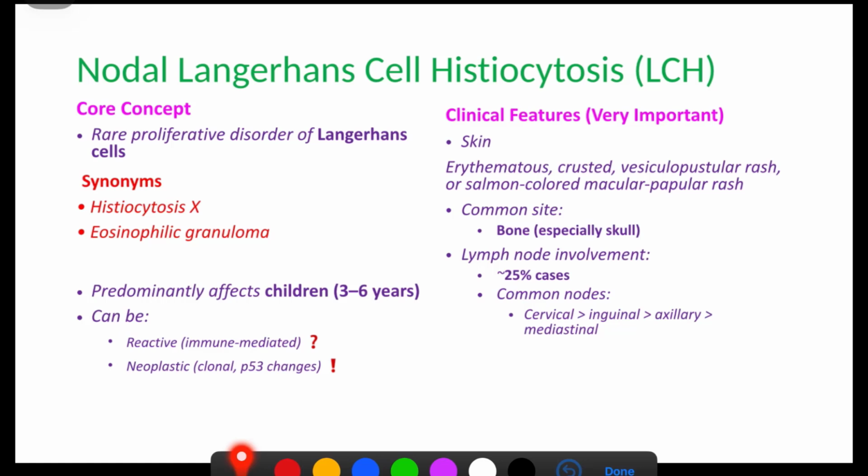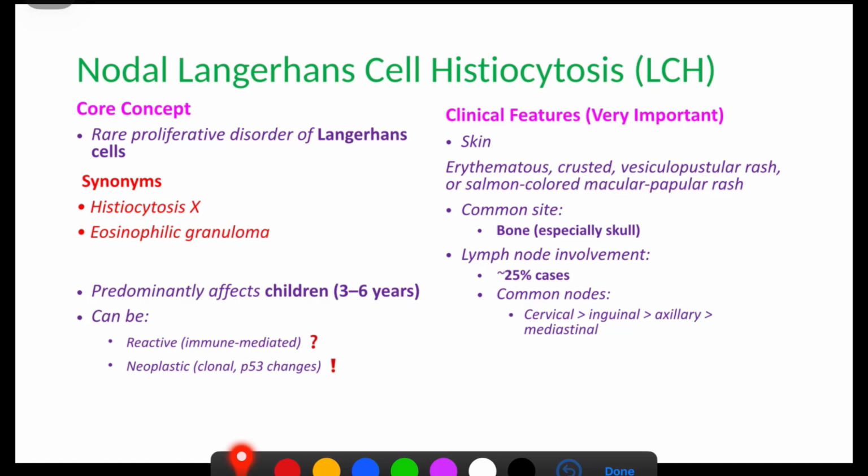Some authors suggest it can be either reactive immune mediated or it can be clonal, which is neoplastic and shows P53 changes.